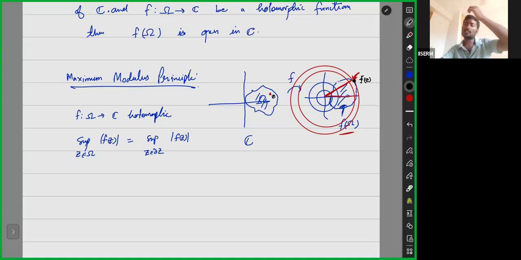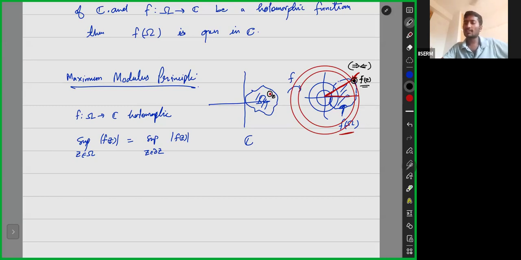Then what happens? This is not open. Okay. So if the image is open, this small ball around z is going to be open. And this will give a counterexample. Okay. This is a contradiction. You see the picture why.